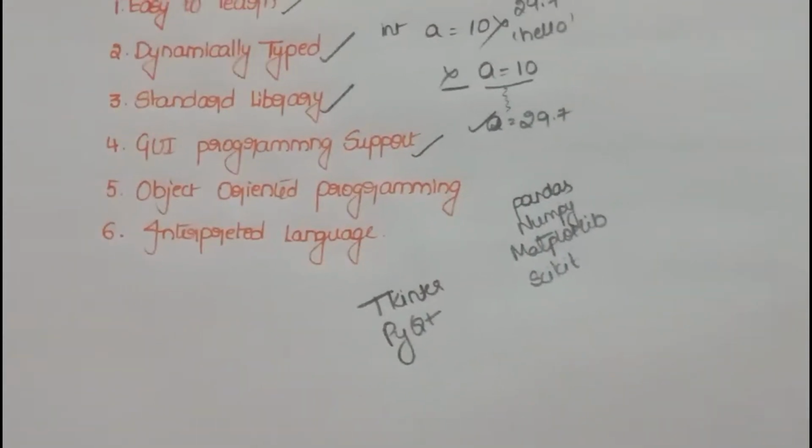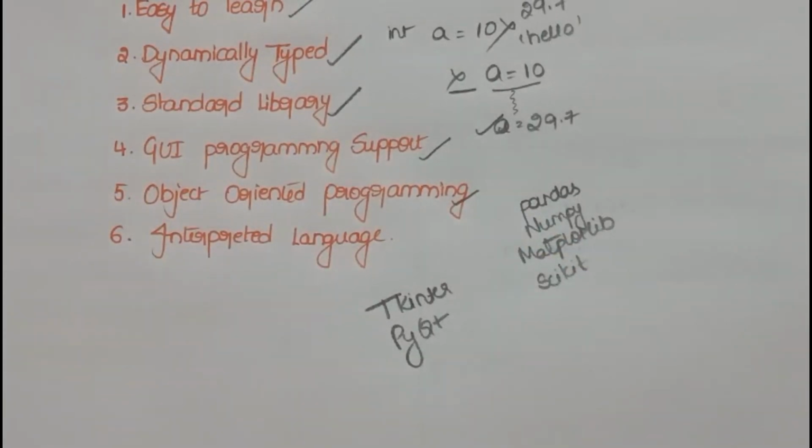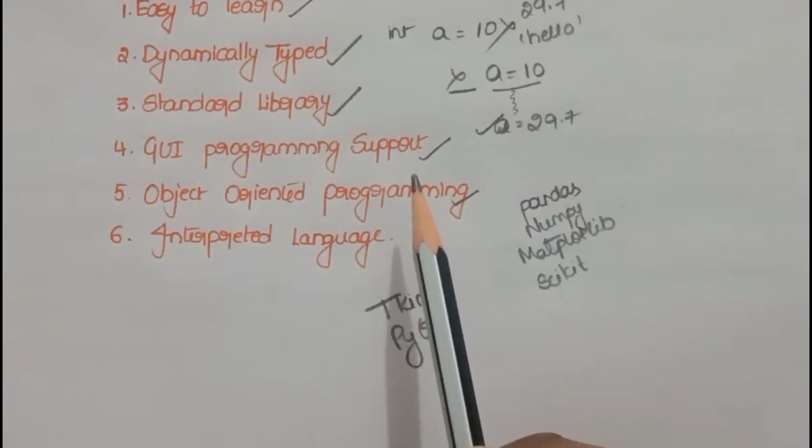Next one is it is an object-oriented programming language. Python is fully object-oriented, enabling developers to create classes and objects to model real-world entities. Features like inheritance, encapsulation, and polymorphism are supported, making it easier to build complex applications using reusable and organized code.